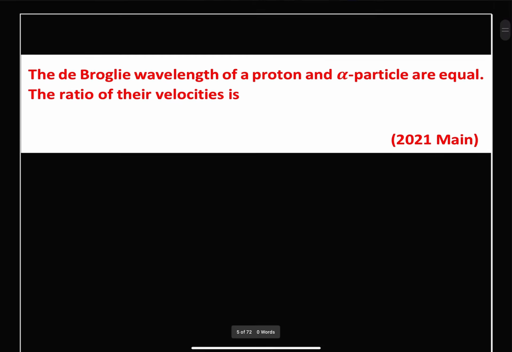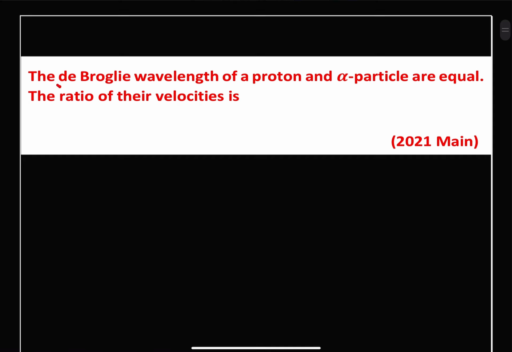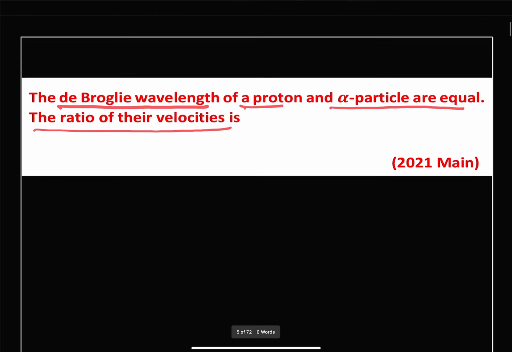It states that the de-Broglie wavelengths of a proton and alpha particle are equal. The ratio of their velocities is. So we are going to start with de-Broglie wavelength, and then from there we are going to solve with respect to their velocities.